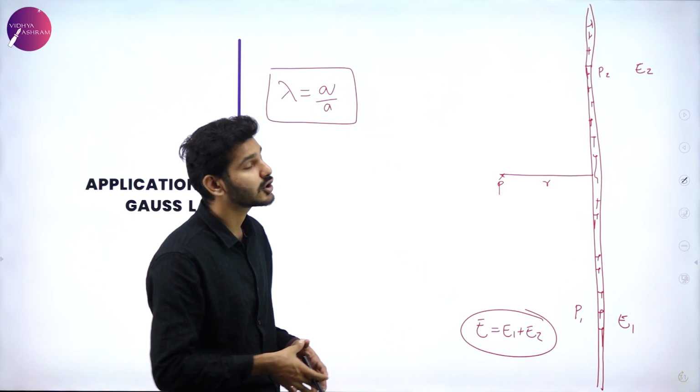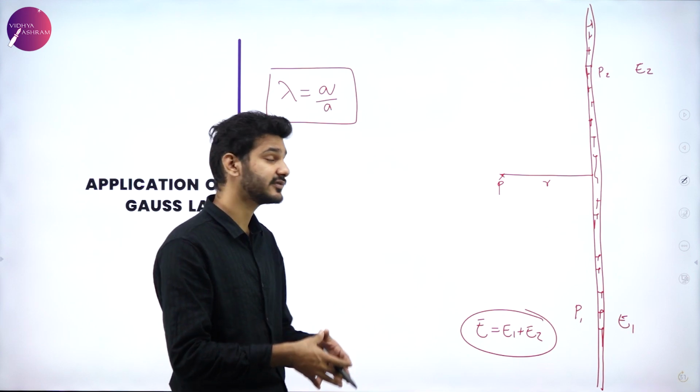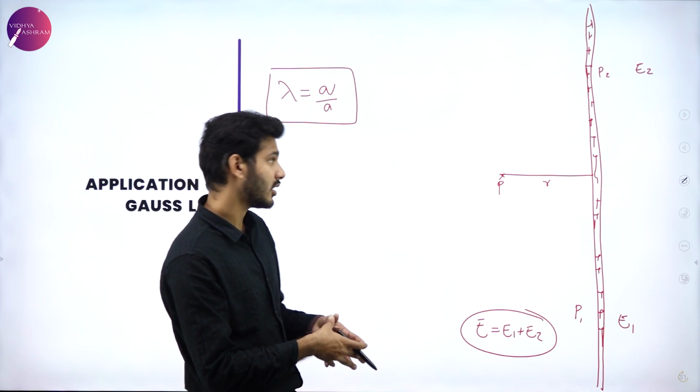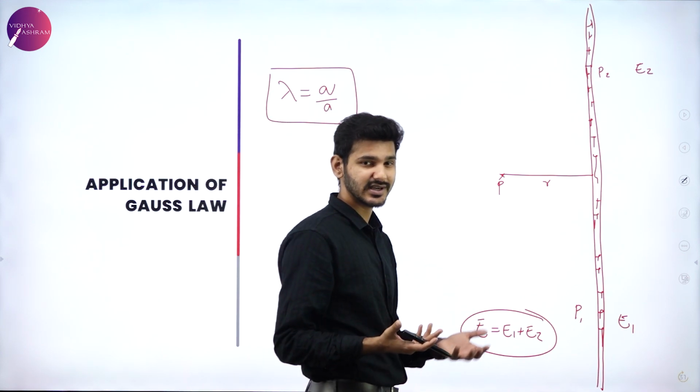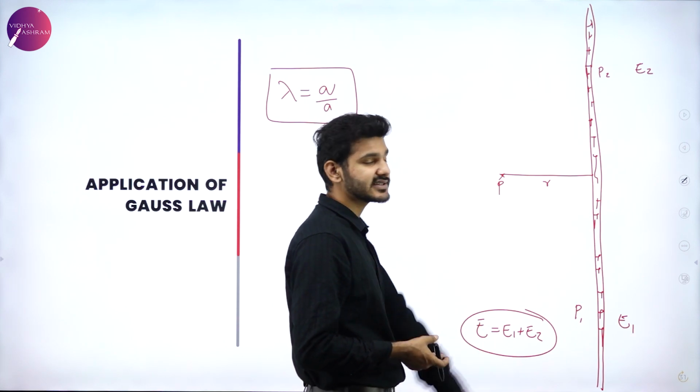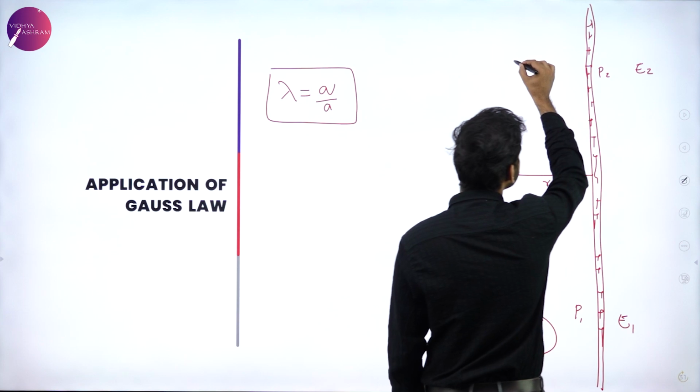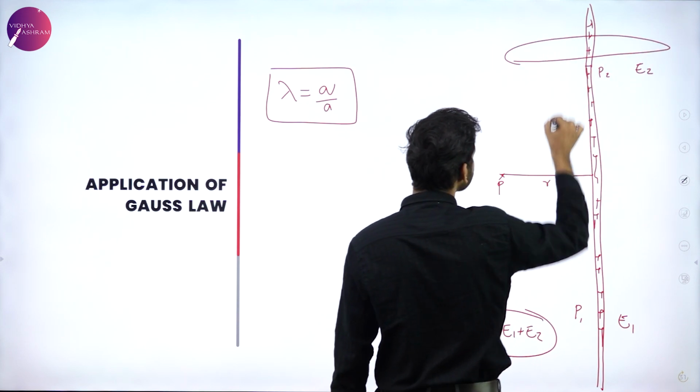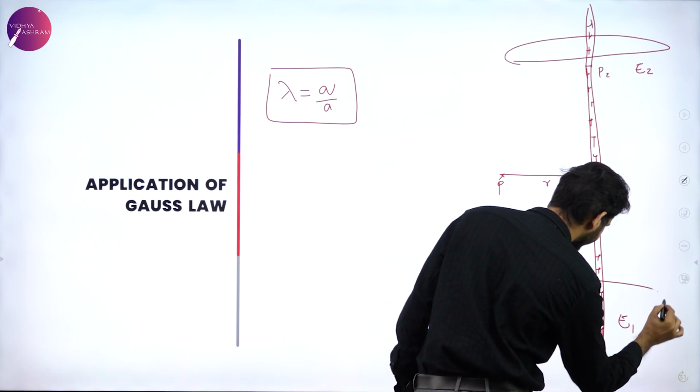So here you imagine a Gaussian surface which is a cylinder. You could also imagine a sphere, it doesn't matter, but for mathematical reasons a cylinder is much easier. So we are imagining a cylinder here.